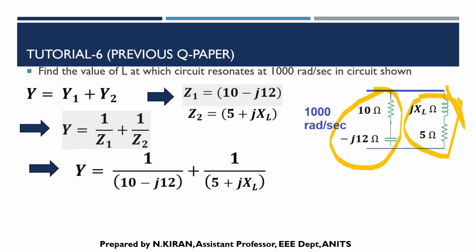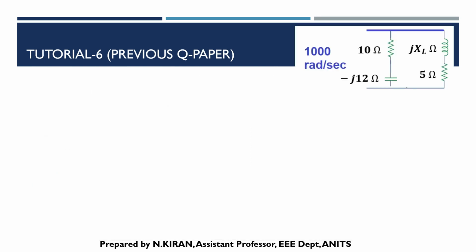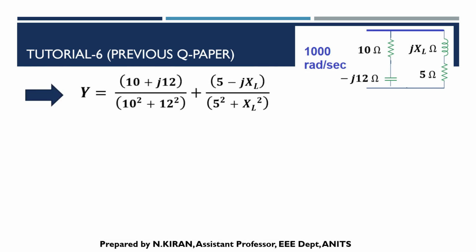Substituting the values and rationalizing each term will give me Y as shown. On simplification, the admittance value will be Y equal to (10 plus J12) divided by (10 square plus 12 square) plus (5 minus JXL) divided by (5 square plus XL square).